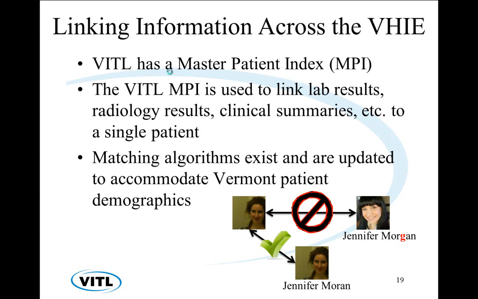As we all know, at VITL, we have two people who have really similar full names, and we're from the same graduating high school class, so we have close to the same date of birth and similar demographics, and yet we would not be matched in the VHIE because we have exact match rules on our first and last name, and we have different dates of birth, and that would be enough to say, you're not the right person. So as you can see, Jen Morgan and I would not be matched together.